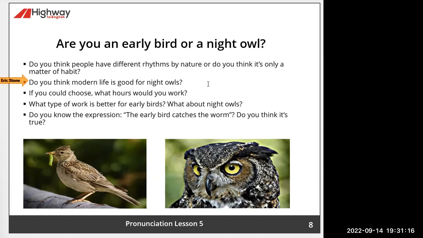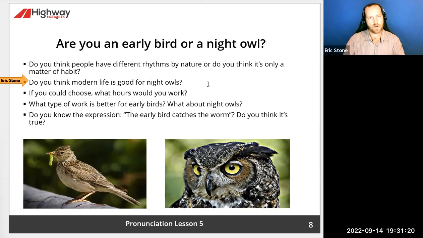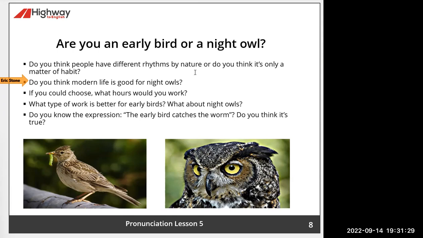We don't need to worry about case by case, but in general, modern life. Do you think modern life is good for people like Basima? People who like to work at night? It depends if they're confident with it. Comfortable with it, I'm sorry.